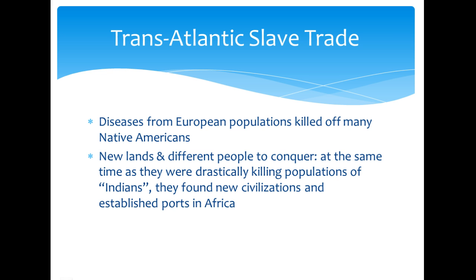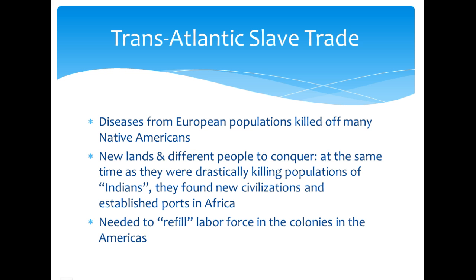At the same time as Europeans were drastically killing populations of Indians, they were also not only exploring in America, but they established ports in Africa and were exploring those civilizations and those people. So they're seeing a great decline in one part of their settlement, and also all these people on hand to them in Africa.